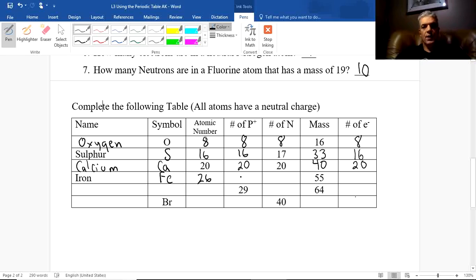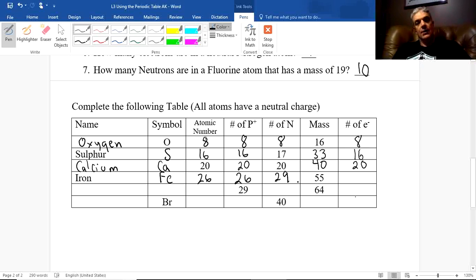Therefore, the number of protons is 26. The number of neutrons, oh my goodness, now I'm in trouble. I've got to add something to 26 to get 55. Well, I'm going to give you a little trick here. If I take the 55 and I subtract 26, that'll be the number that I need to fit in here. And if you do that math, I think you're going to come up with 29.